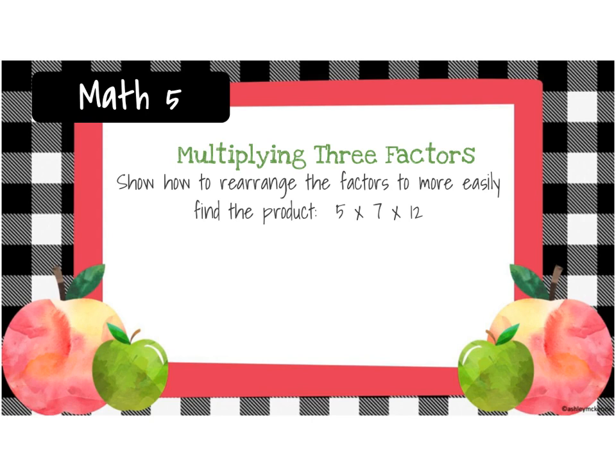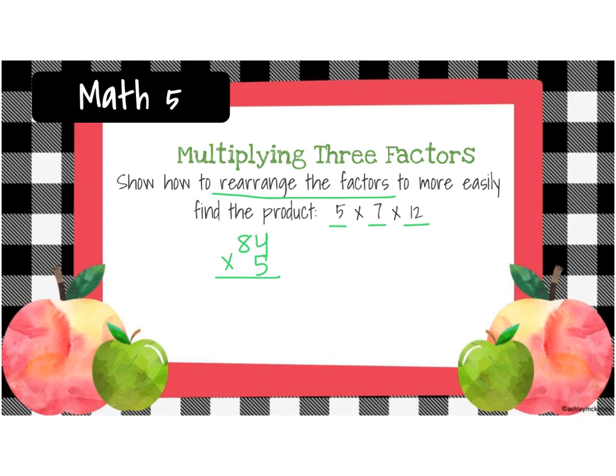Some of you were just solving it. You were doing, oh, I'm going to just do 7 times 12. Okay, so 7 times 12 is 84, and then I'm going to multiply it by 5, but that's not what it's asking me to do. It's asking me to rearrange the factors.